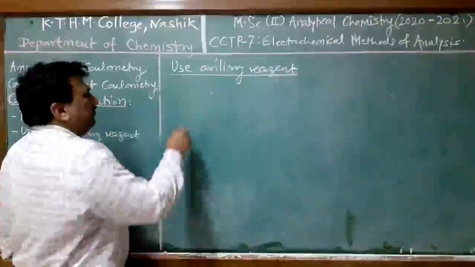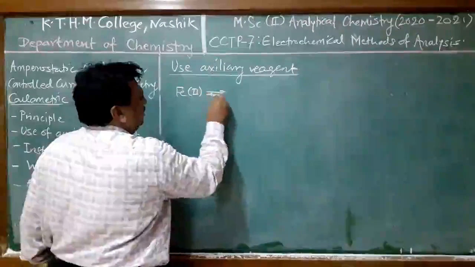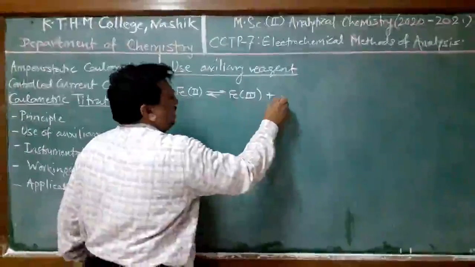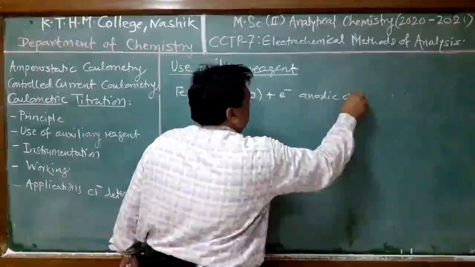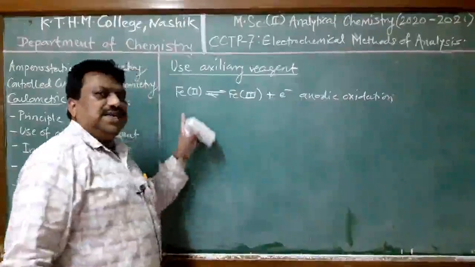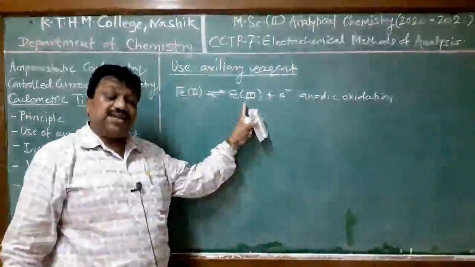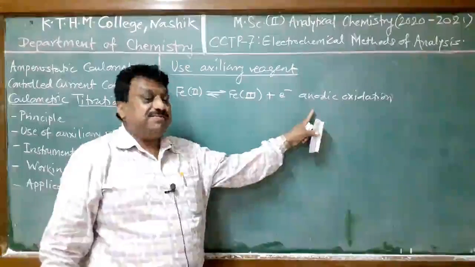For example, if we carry out the anodic oxidation of Fe2+ ions, the reaction is like this. This is anodic oxidation. As we discussed, as the concentration of Fe2+ ion decreases, there is a requirement of extra potential to maintain the current at a fixed magnitude.